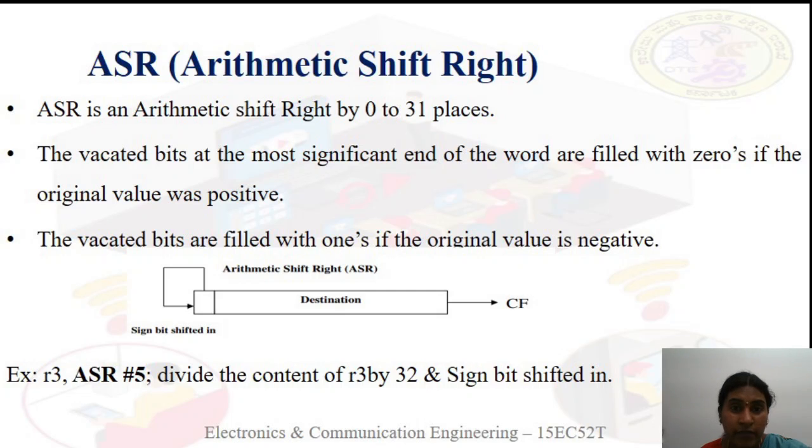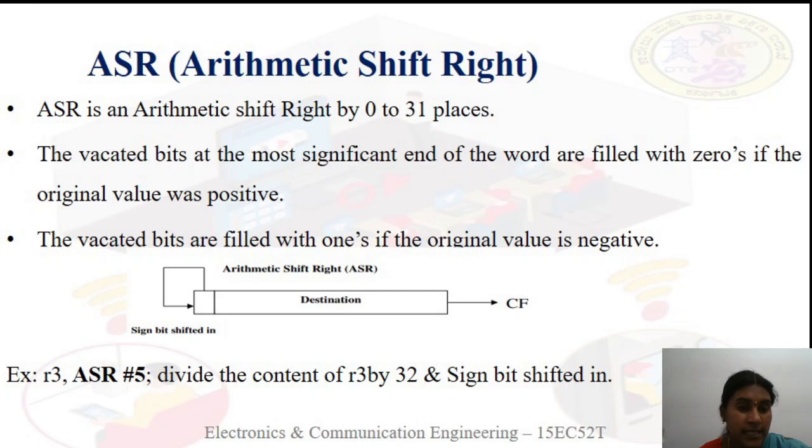If the given value is positive, that sign bit will be 0. If the given value is negative, then that sign bit will be 1. So you have to see that. If the sign bit is 0, the shifting operation continues with vacated places filled by zeros only. If the sign bit is 1, the shifting operation is carried out with the vacated places filled by 1. You take care of that one.